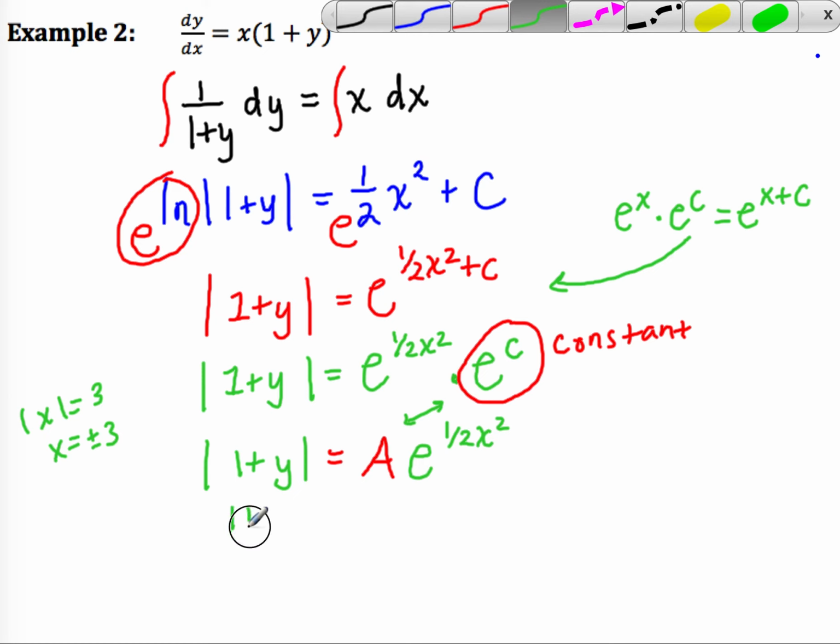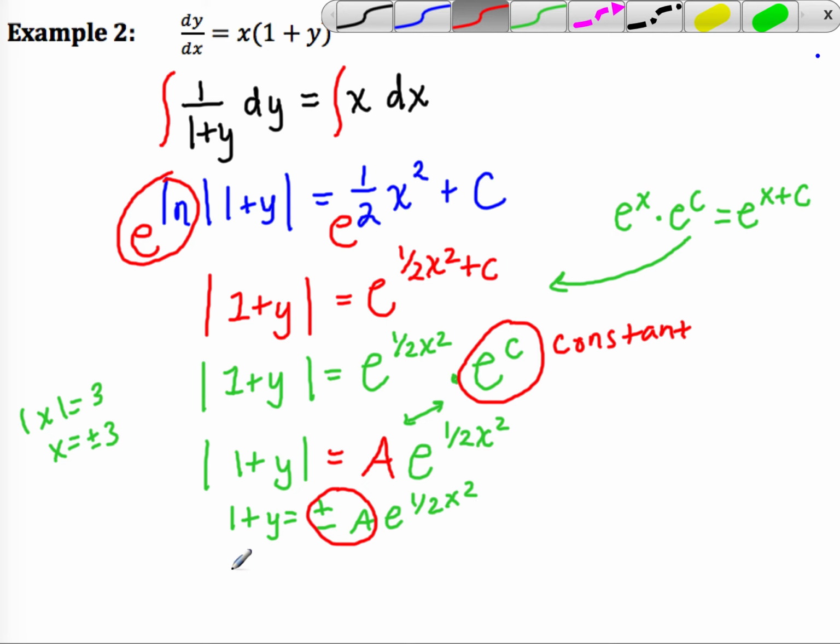We can say 1 plus y is going to give us plus or minus a e to the 1/2 x squared. And we said this before, but if we have a positive or negative here, it can only have one output. So whether that a value is positive or negative, it doesn't really matter.